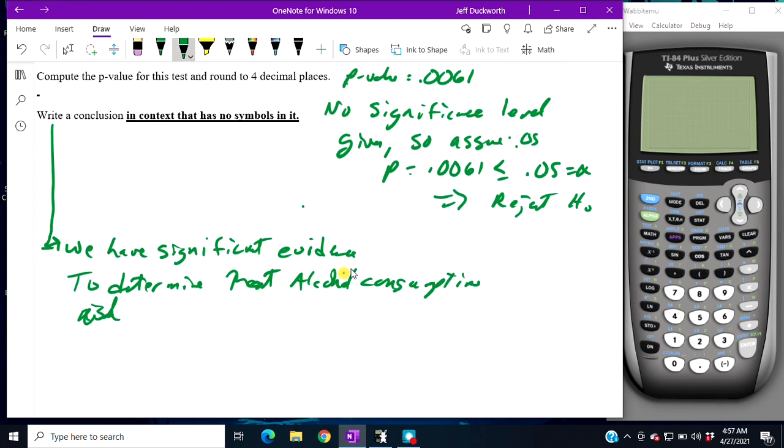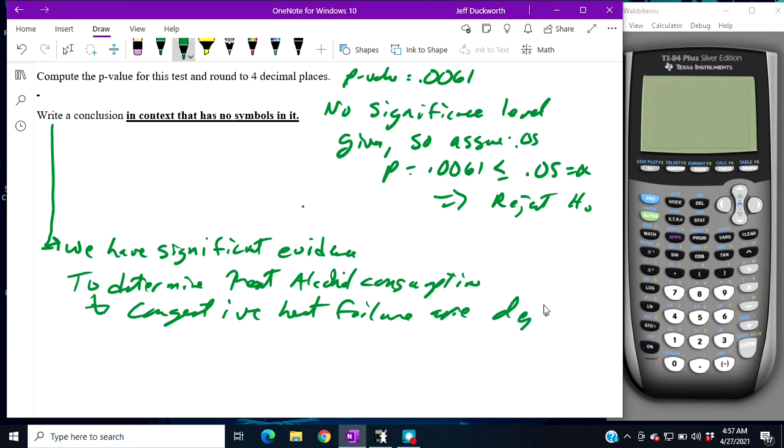Congestive heart failure. Are dependent. Okay. And that summarizes this one.